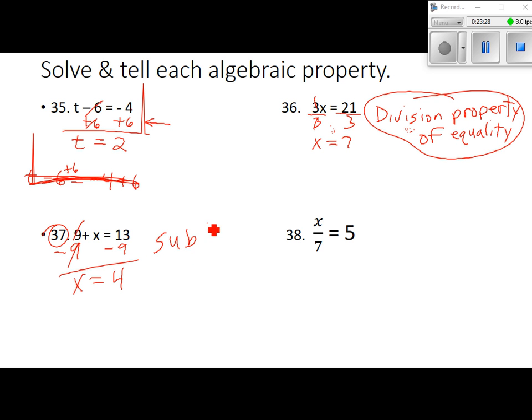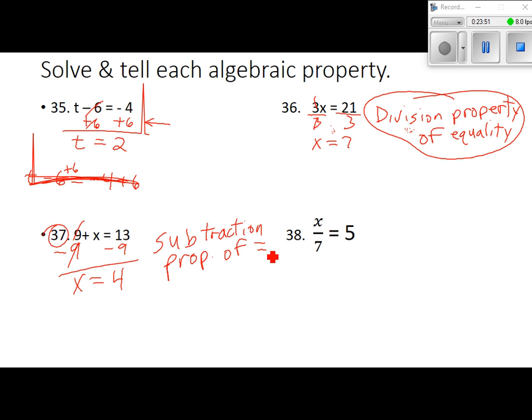So when you're doing subtraction, you can't abbreviate it. You can abbreviate words like property, of, and equality, like an equal sign, to make it shorter on yourself. But subtraction and substitution, you can't abbreviate because I don't know which one it is.